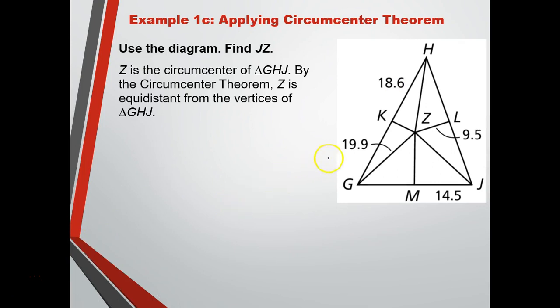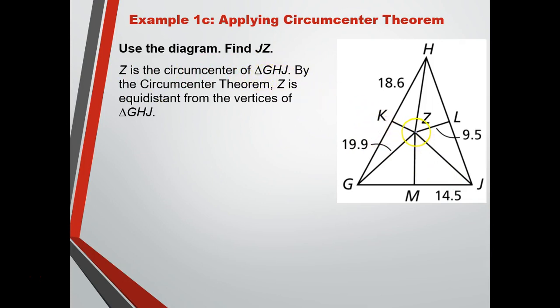All right. Still same figure in this next example here. We're asked to find the length of JZ. Here's JZ. Okay. JZ is this line right here. So it says right here that Z is the circumcenter of triangle GHJ.